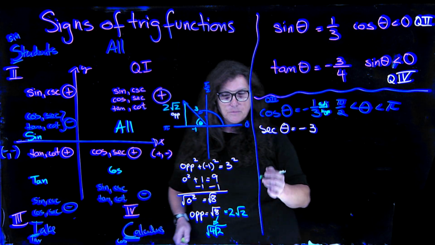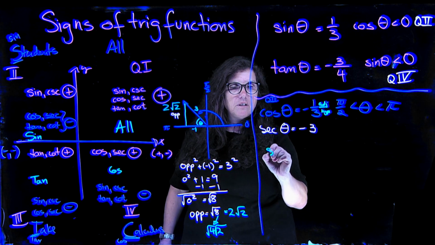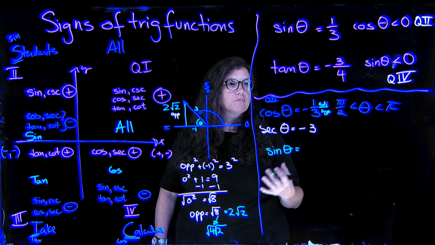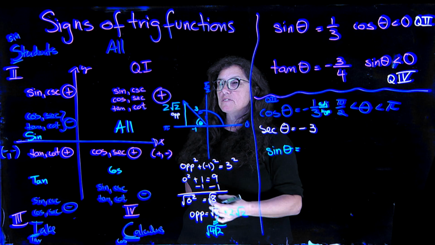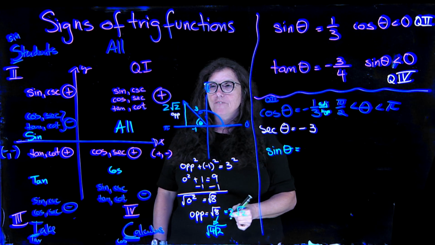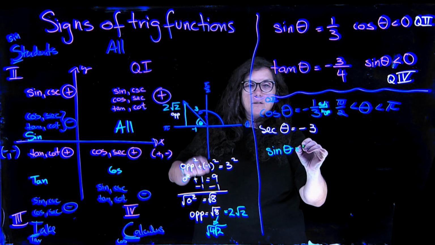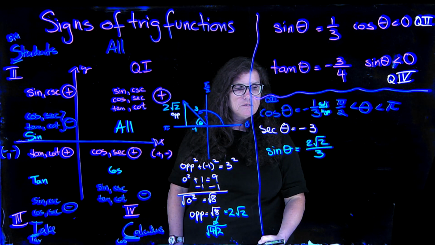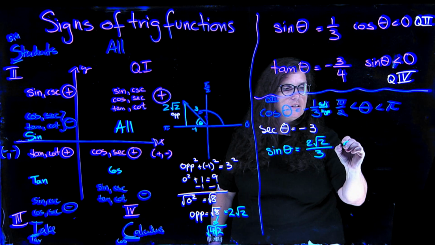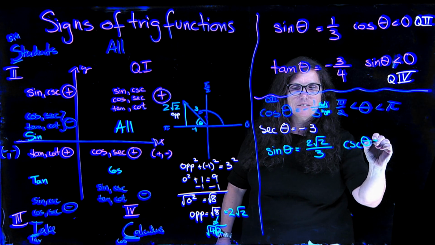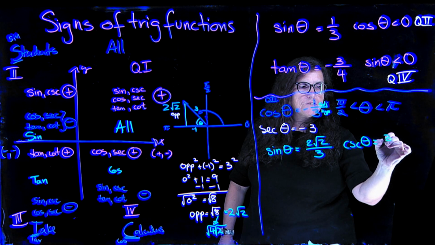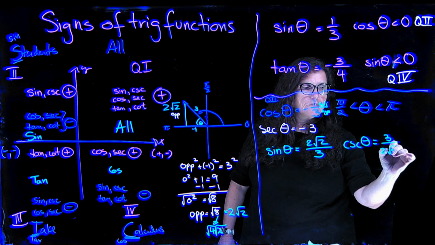Okay, we're on business now. What is the sine of theta? The sine of theta, we are in quadrant 2, it better be positive, which we have a positive y value here. So the opposite is 2 square root of 2 all over 3. Done you are. The cosecant of theta is the reciprocal, which is 3 over 2 square root of 2.